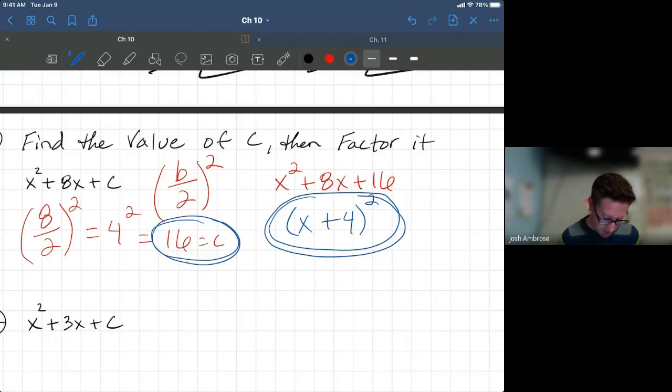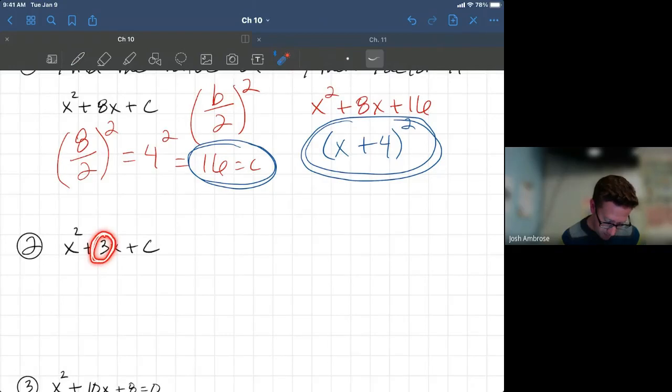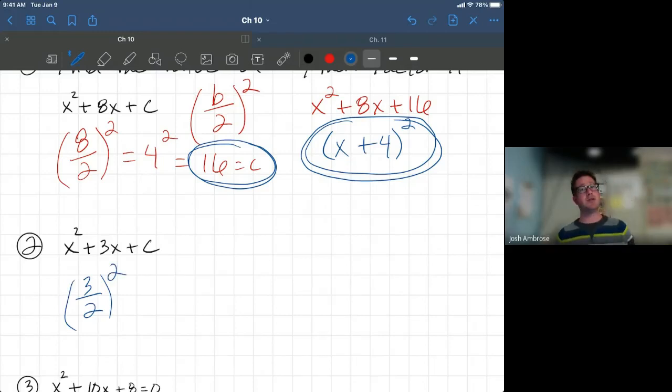All right, let's do it again one more time here. So this one, our b value is 3. And then divide by 2. So 3 over 2 quantity squared. All right, you should notice something. 3 over 2, that can't go anywhere. That's a fraction that can't be reduced.